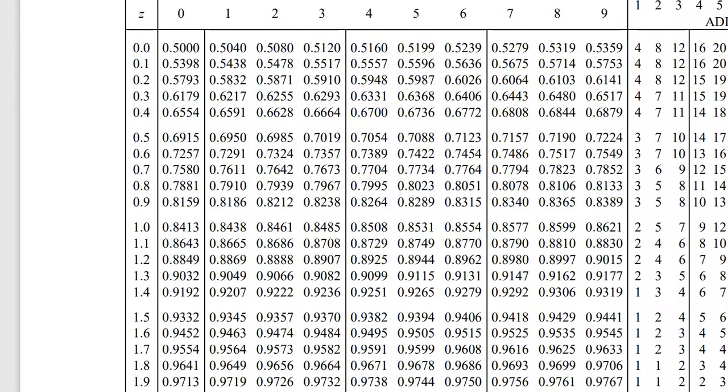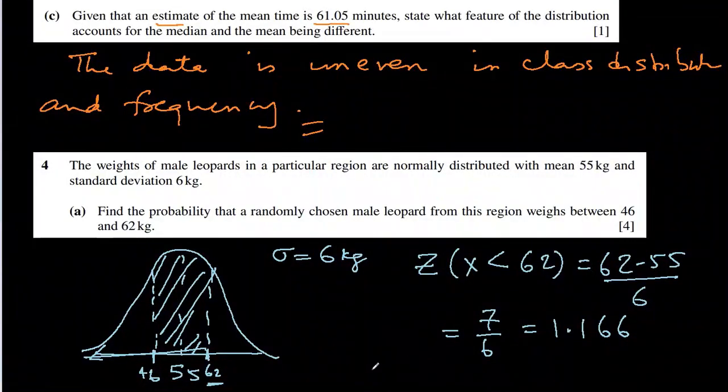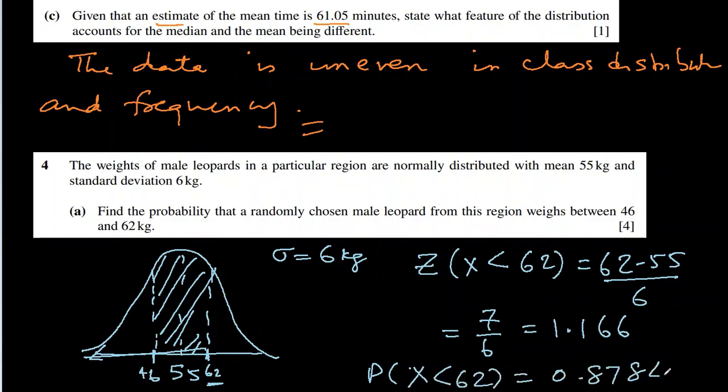Here it is, 8770, 1.16, and I need 6 more, which is here 14. So I will write 0.8770 plus 14, which is 0.8784. 0.8784 is the probability if x is less than 62.